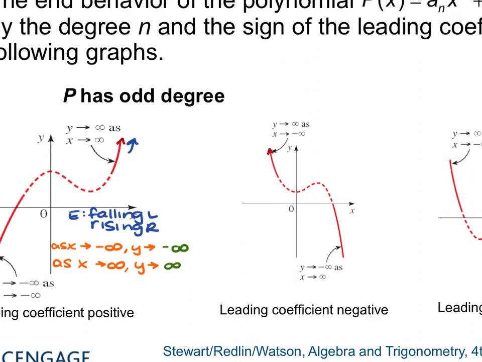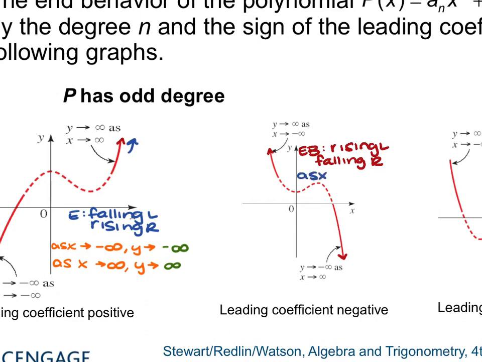For that second graph that we see there, look at your ending behavior. On the left, that line's going up, so we have rising left. On the right, it's going down, so that's falling right. Look at your end behavior here and find your end behavior notation.